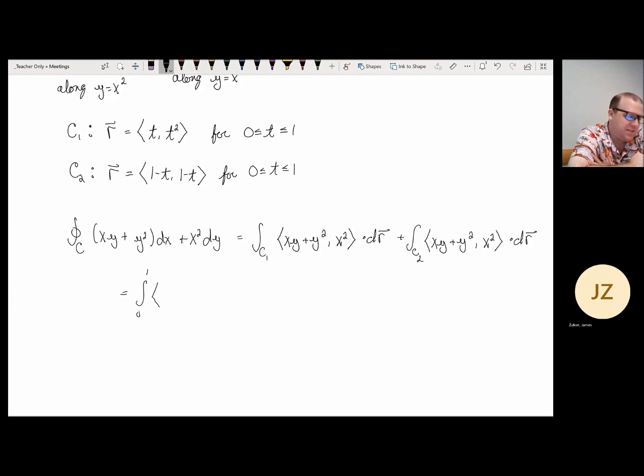X becomes t, y becomes t squared. Sorry, that's t to the fourth. Dotted with r prime dt.